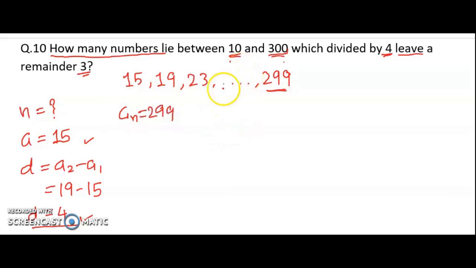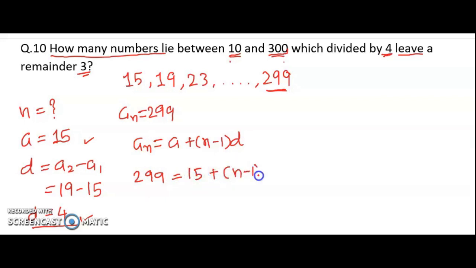So if you use the formula here, AN equal to A plus N minus 1 D. So AN is 299 equal to A is 15 plus N minus 1 and D is 4. If you solve this, 15 will go into the left hand side. So we get 299 minus 15 equal to N minus 1 multiplied with 4.